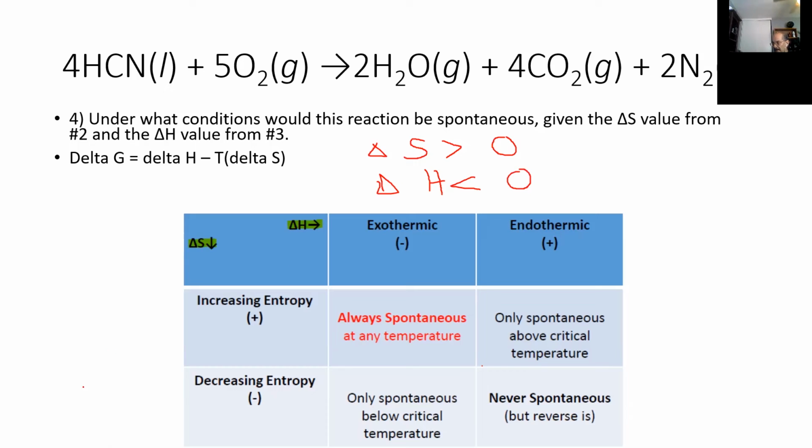So let's find that in here. So we're looking for a positive delta S and a negative delta H, and that's the answer you get. It's always spontaneous. Why is that? Well, because if delta H is negative and delta S is positive, remember the absolute temperature T, which is not Celsius but Kelvin, is always a positive number.